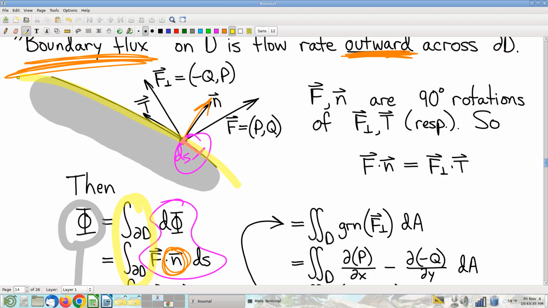The problem being that we don't know how to compute these integrals. We've never seen integral of something dot n ds previously, right?